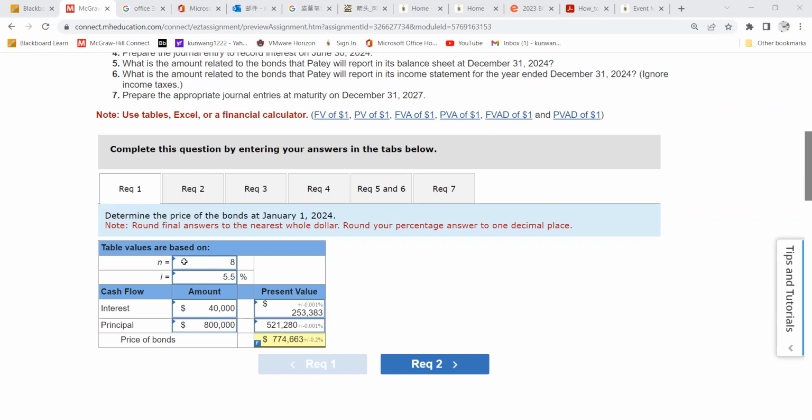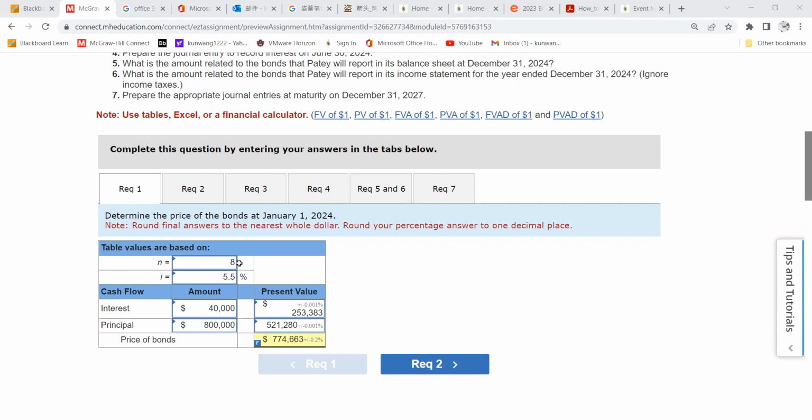So the period, N equals 8, right? It's 2 times 4, 4 years but semi-annual. The discount rate is your market yield, so half of the 11% in my question. And the interest, you calculate the cash interest based upon the state rate.